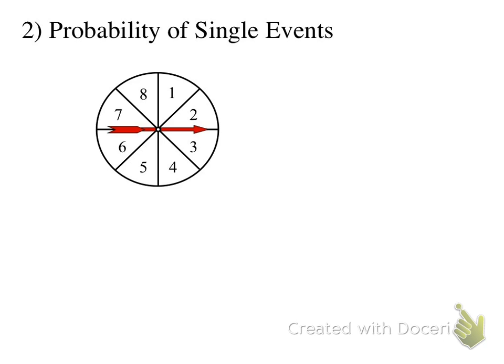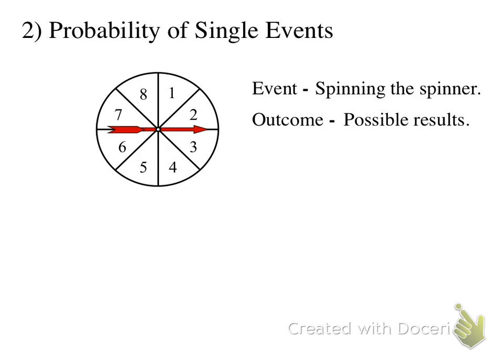All right, a bunch of different vocabulary words. An event is when we do something, like spinning the spinner, rolling the dice, flipping a coin. That is an event. Our outcomes are your possible results.